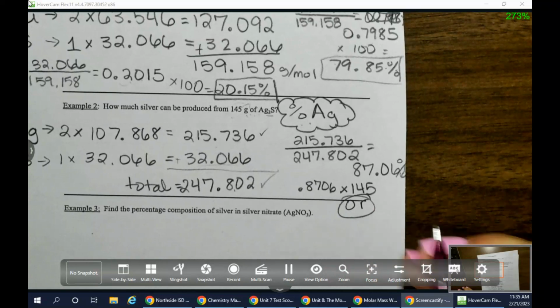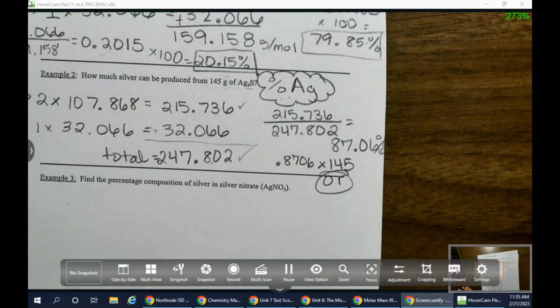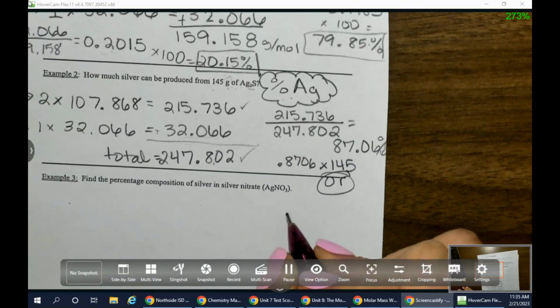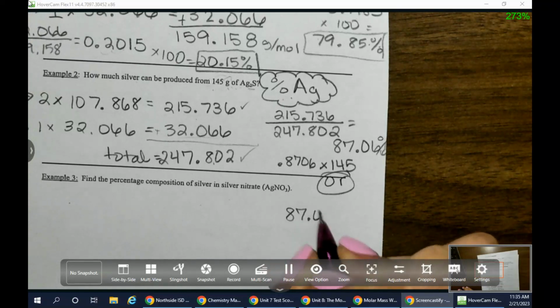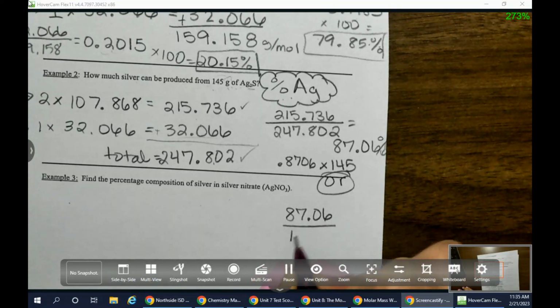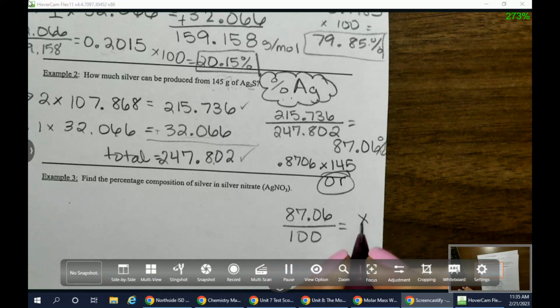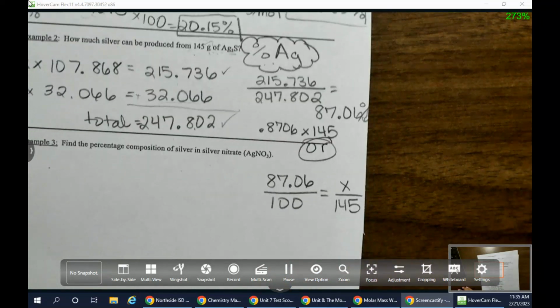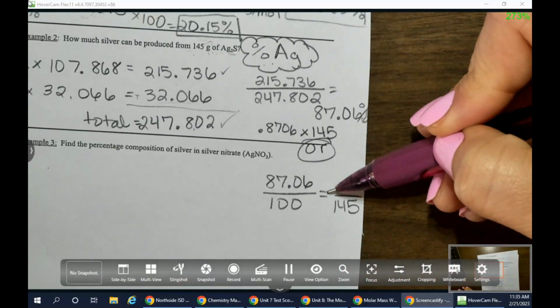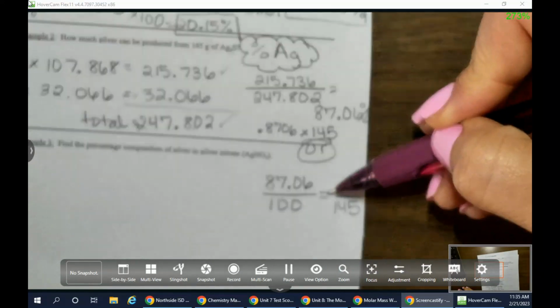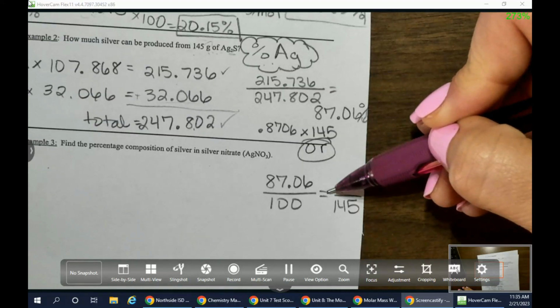Or we can take our new value, because you just worked hard to get that, right? We can say, okay, 87.06 is to 100 as what is to 145. Does that look familiar to anybody? That kind of setup right there. There's an equal sign in the middle. Have you guys seen proportions in math class?